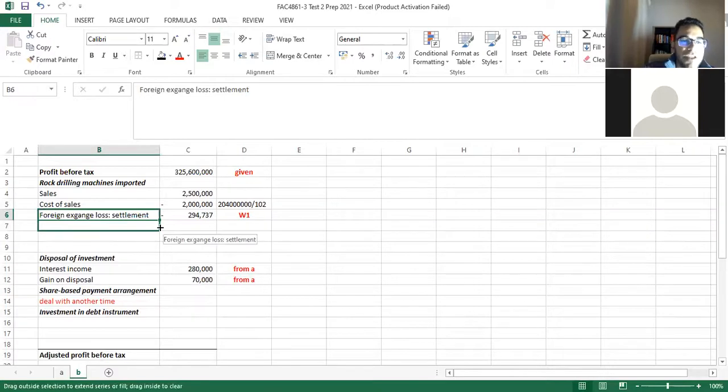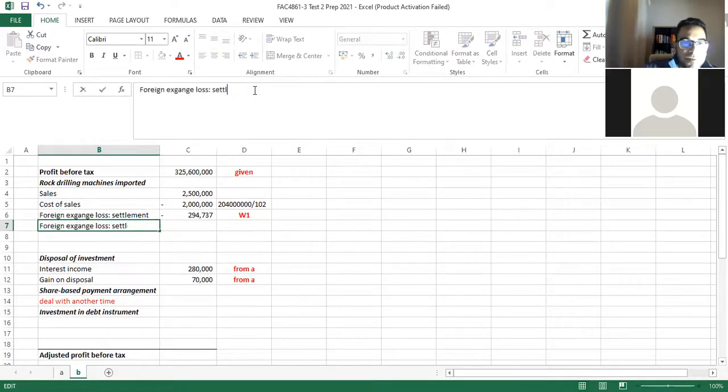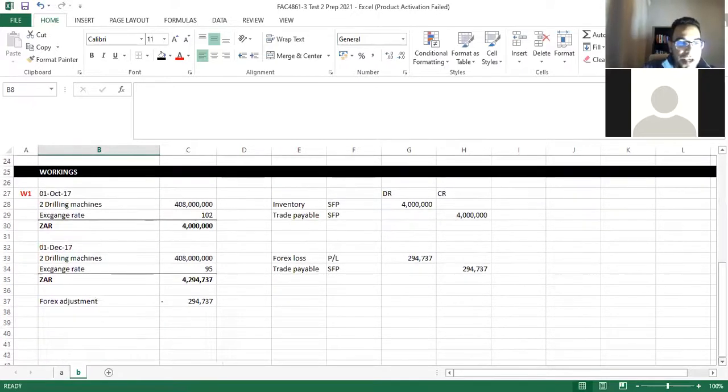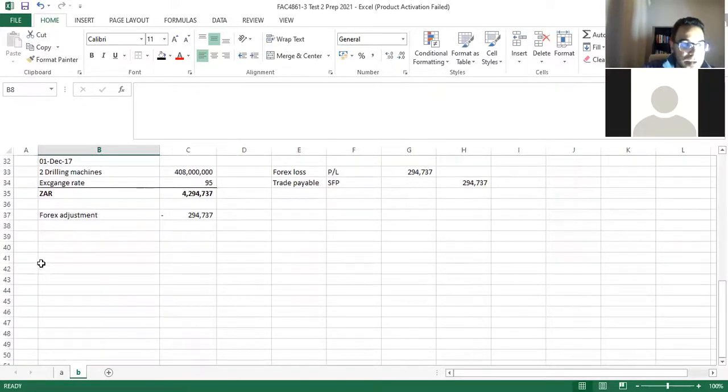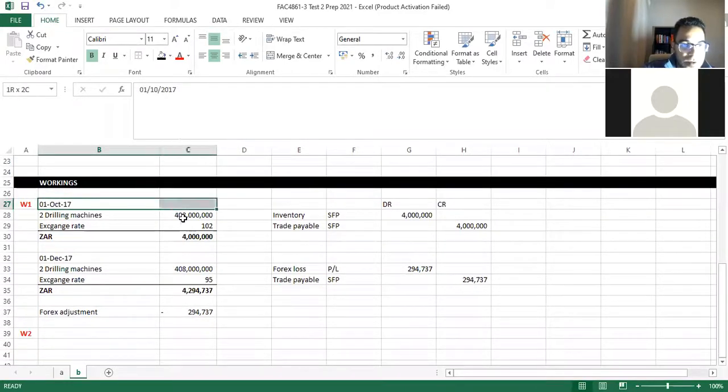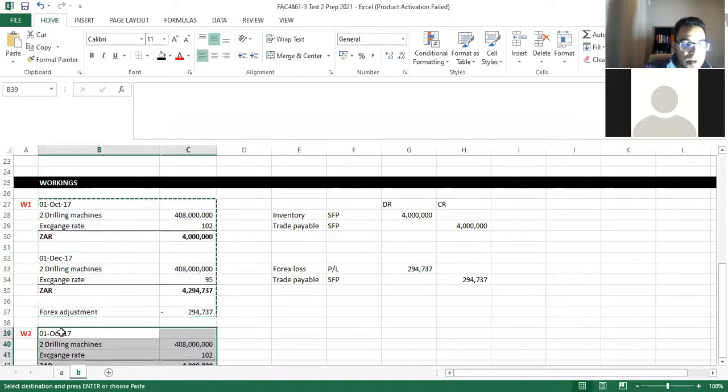So here we have the Forex exchange settlement year end. Here we can have the Forex settle adjustment year end. We can do the same thing, same principle. I'll just copy this over. So what's going to happen?